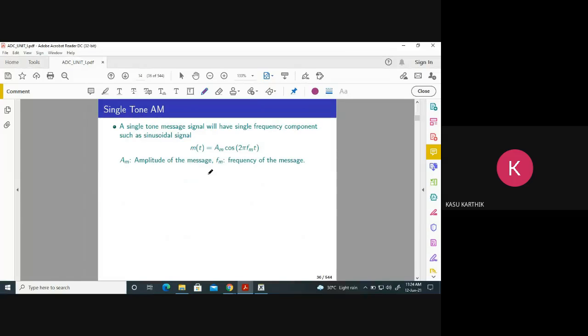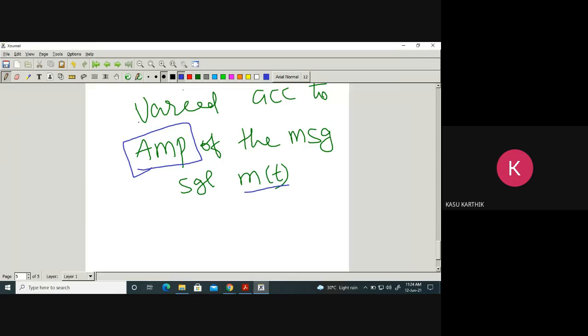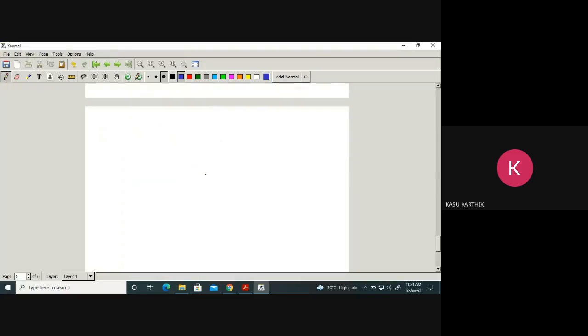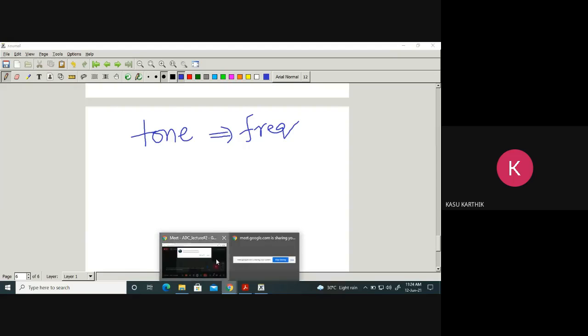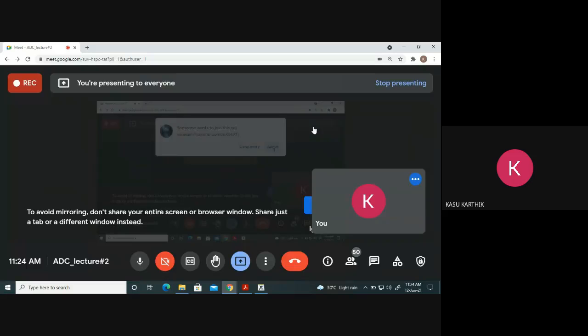Now, single tone amplitude modulation. Generally, tone means a frequency. Single tone means a signal having one frequency component. What is an example of a single tone signal?